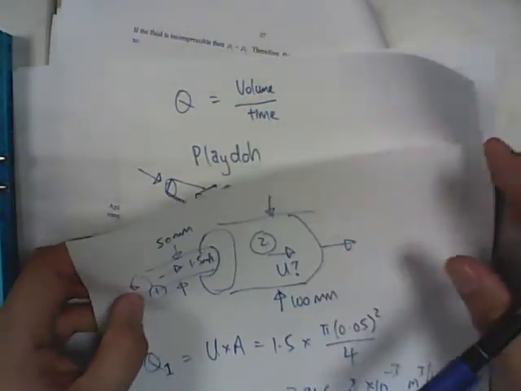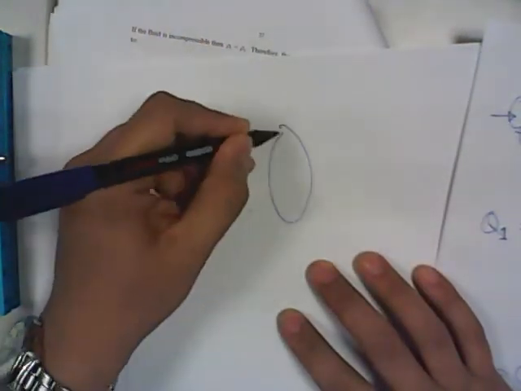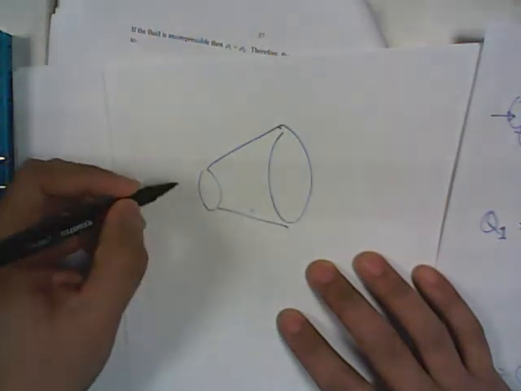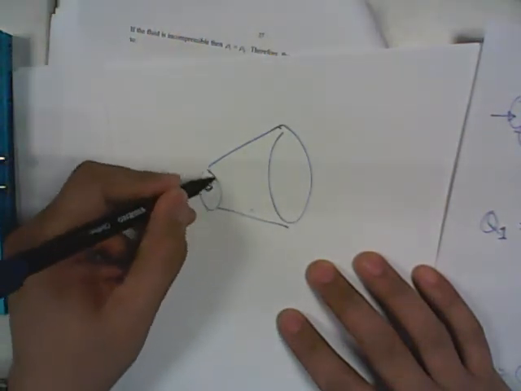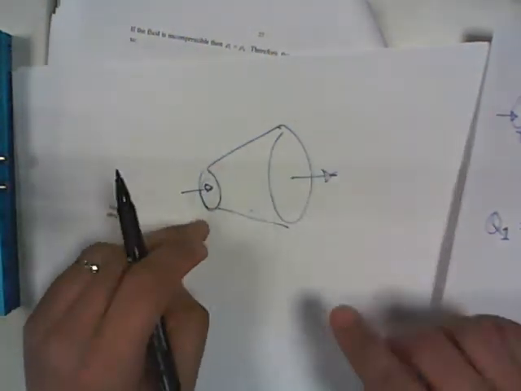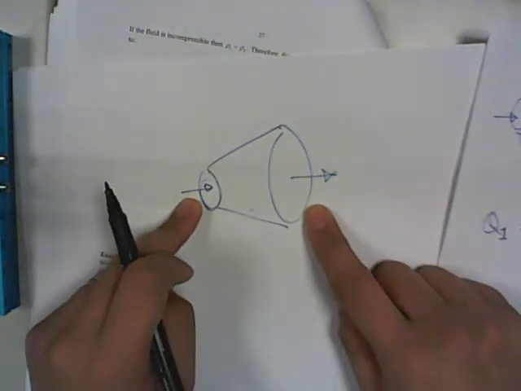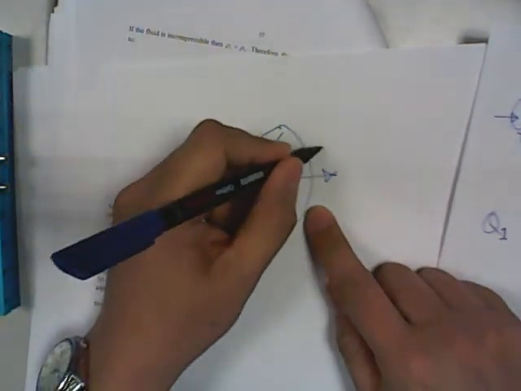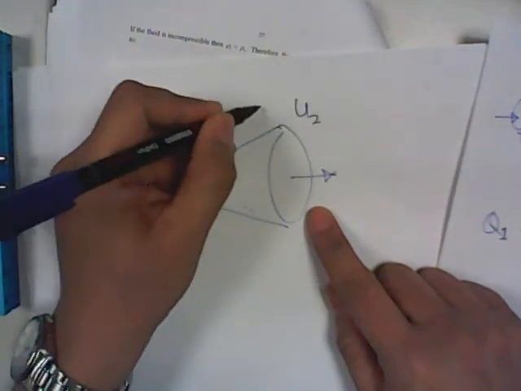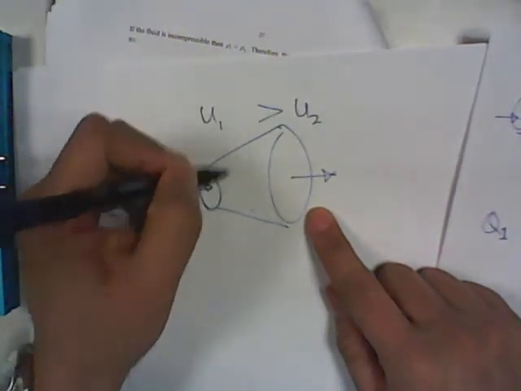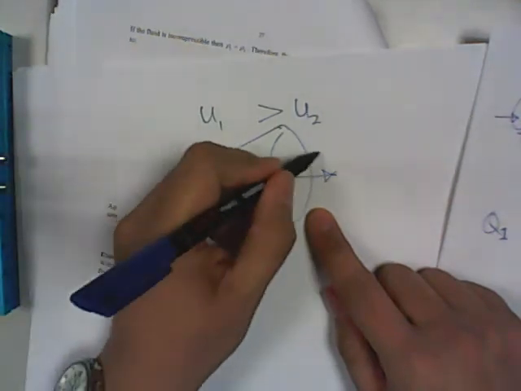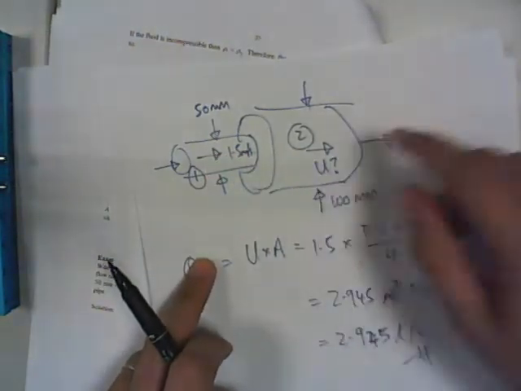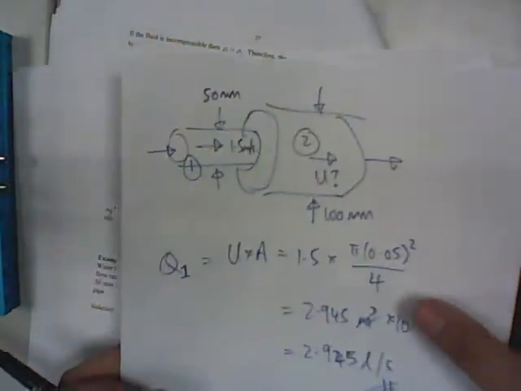No, sorry, it's not in a nozzle, it's in a diffuser. The diffuser goes from a small opening to a large opening. So once this happens, because of the conservation of mass, your speed slows down. So U2 will be smaller than U1, where this is 1, this is 2. And this is exactly what is happening here: smaller pipe to larger pipe.